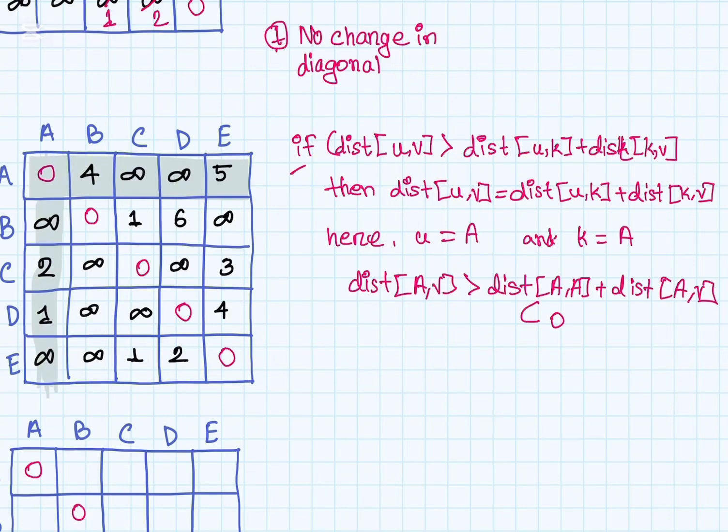So dist of A, V will never be greater than dist of A, V. Therefore, the value will remain unchanged.